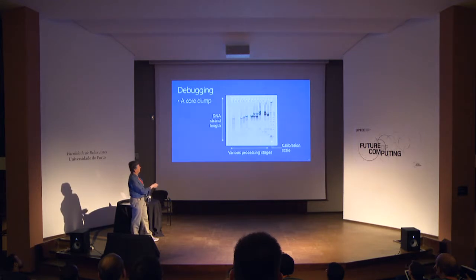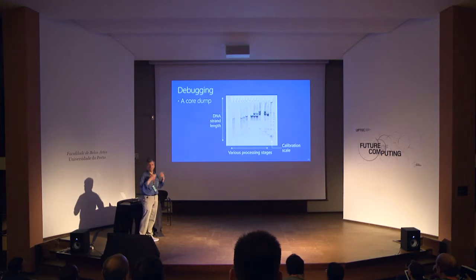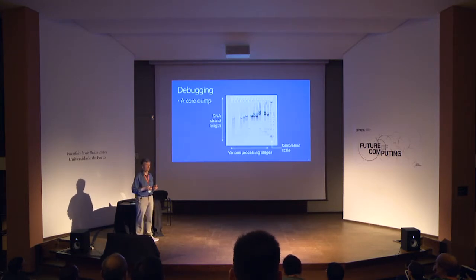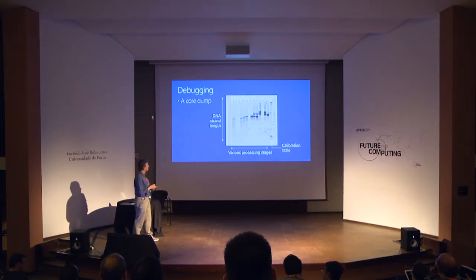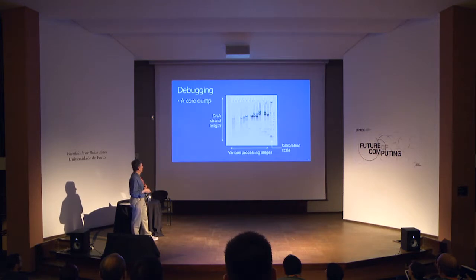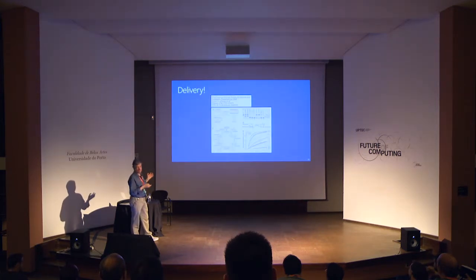And this is your test tubes. From this, you try to measure the length of the DNA you got in your core dump, and from that length, try to reverse engineer what actually happened. This is not an easy process, and typically you have very little information. But you try until it works. Eventually, maybe it works, and then you publish, and then you're done.